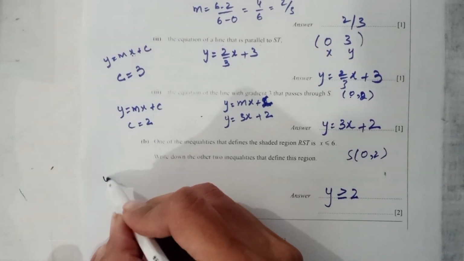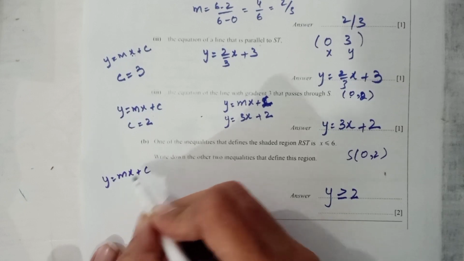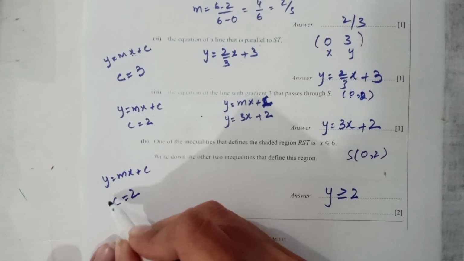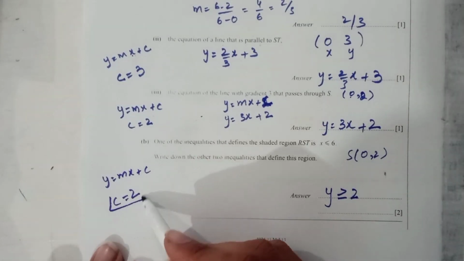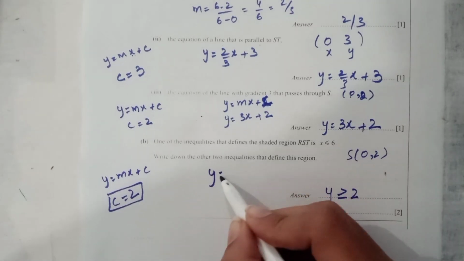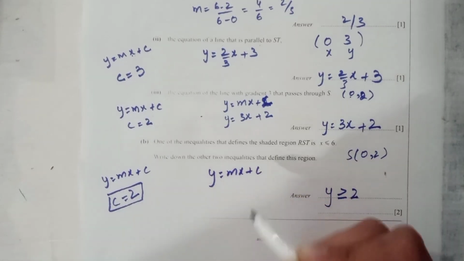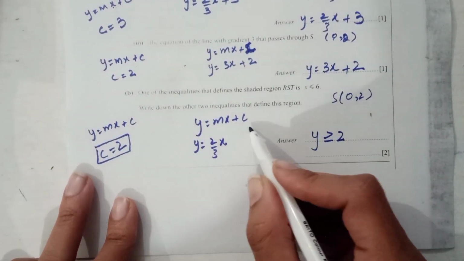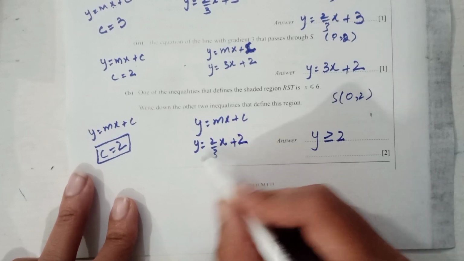We put the values in the equation of the line to get the value of C: x is equal to 0 and y is equal to 2, then C is equal to 2. We put this in the equation mx plus c. The gradient we already found, 2 by 3. So y is equal to 2 by 3x plus 2.